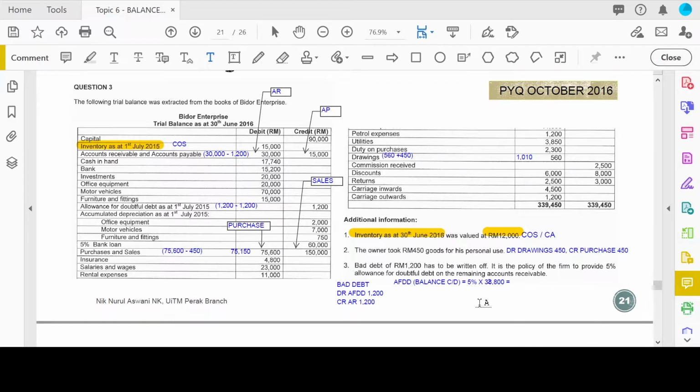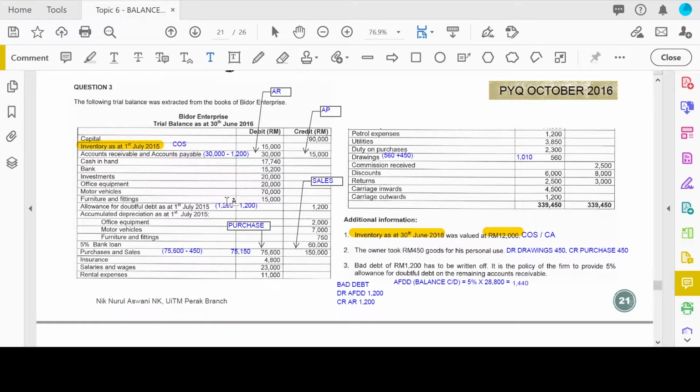That is 28,800. So the answer is 1,440. If we refer here, after we adjust for bad debt, the allowance for doubtful debt has a zero balance.